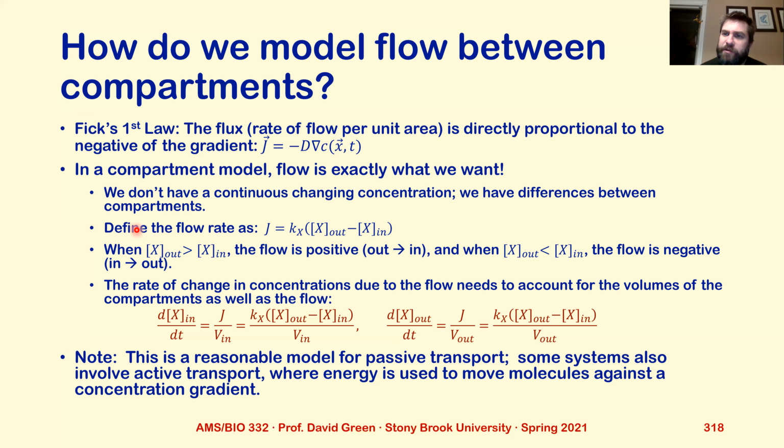So we're going to take a similar approach. We're going to be motivated by Fick's first law, and define the flow rate as being proportional to this differential. That is, proportional to the difference in concentration outside and inside the compartment. And we're going to focus on developing our description of what happens when we're inside a compartment, looking outside to another, or from compartment one to another. Right?